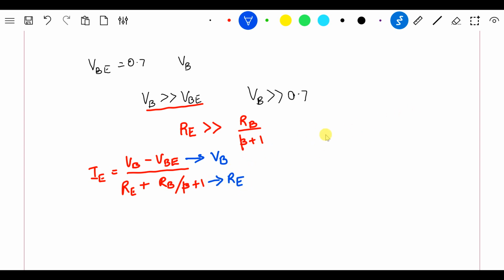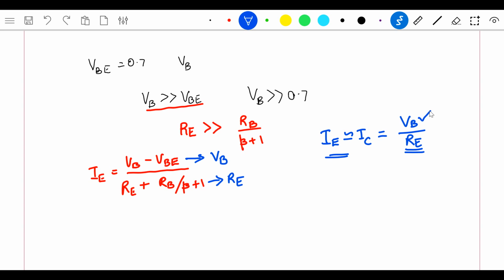So finally, I can say that IE, which is approximately equal to IC, can be equated to VB divided by RE. With this, you see that the emitter current is completely dependent on the external resistance RE and the base voltage. So this is how you can make IE insensitive to temperature in a 4 resistor bias network.